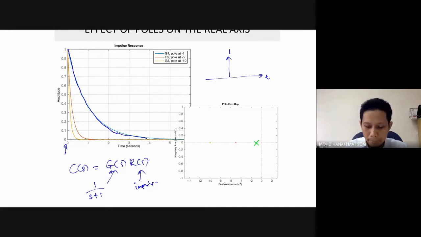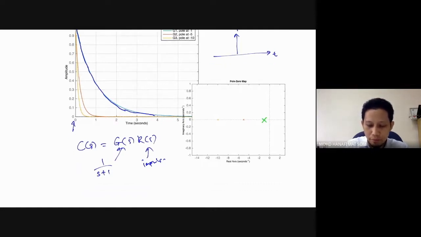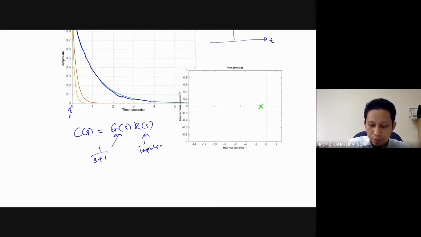Why? When you find the time response of this output, you will get the expression A exponential negative 1t.